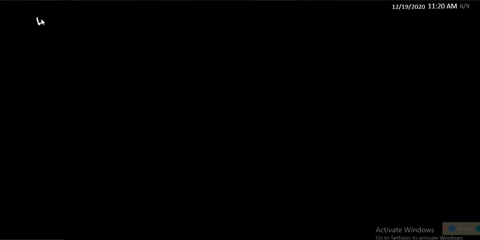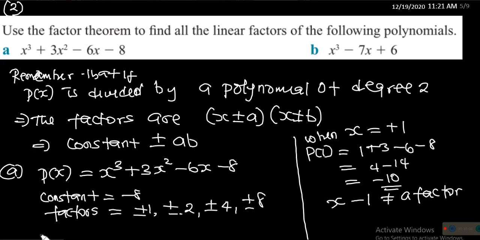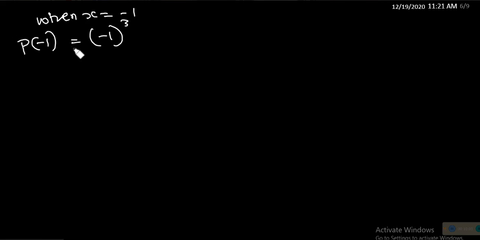So when x equals minus 1, substitute into the polynomial, we have p of minus 1 equals minus 1 raised to power 3 plus 3 into minus 1 squared minus 6 into minus 1 minus 8.